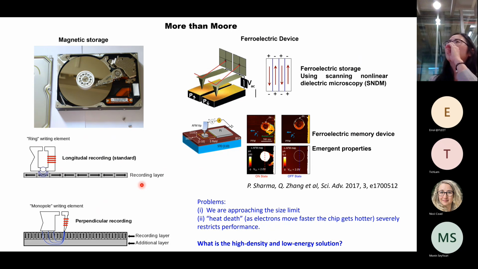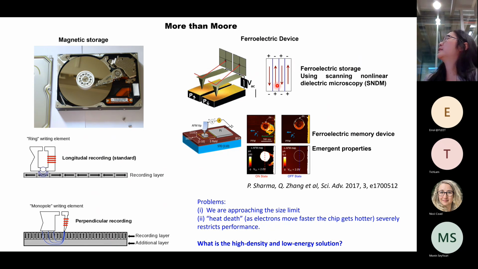And I think about 10 or 20 years ago, there was huge progress just by changing the direction of the magnetic domain orientations from in-plane to perpendicular. Same as with ferroelectric materials.